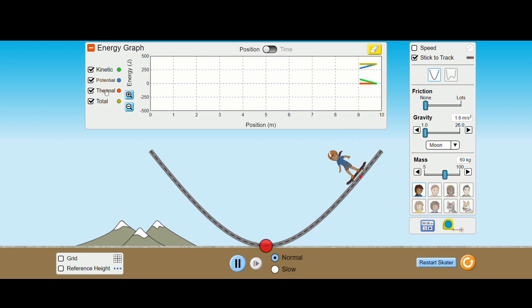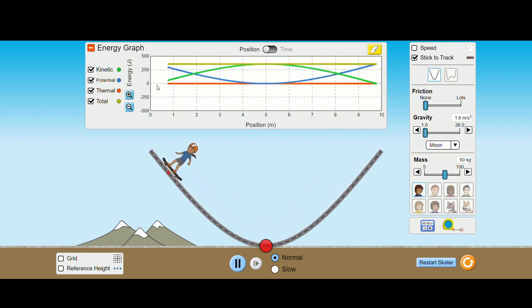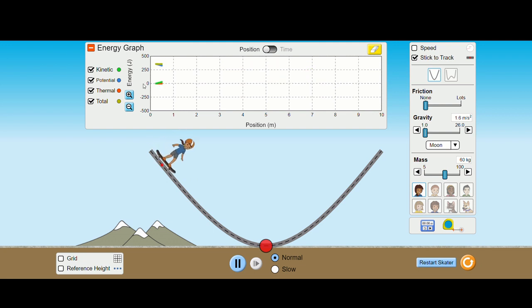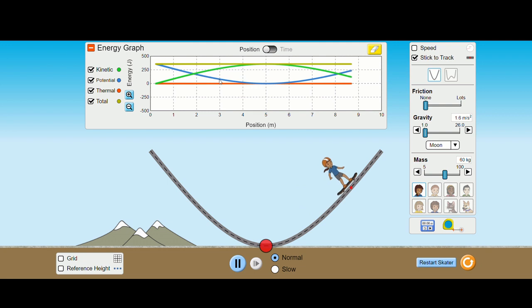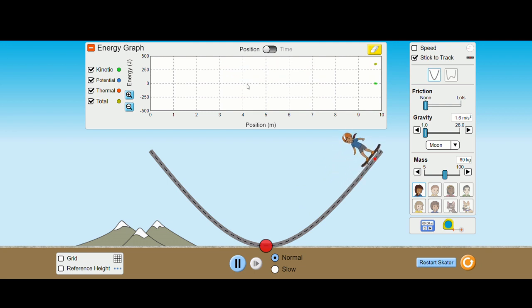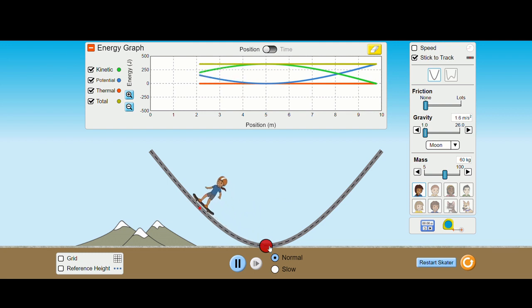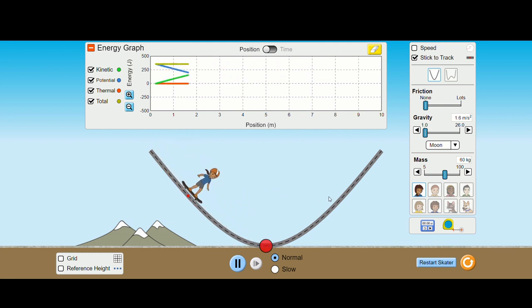The red graph, the thermal line, is always at 0 because there is no energy dissipation. The kinetic energy starts from 0, it goes to maximum at this point, and then again it goes to 0.